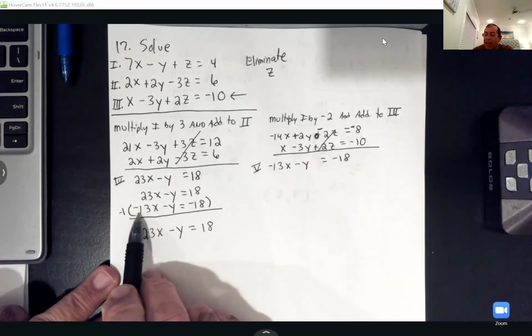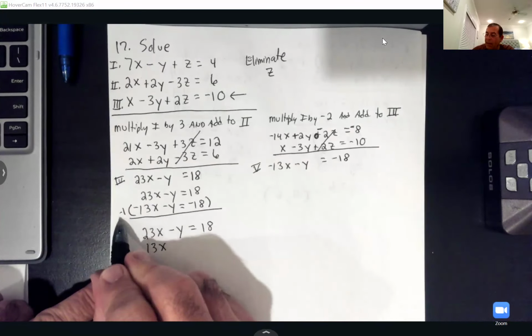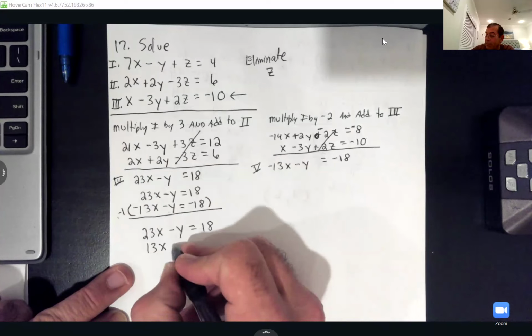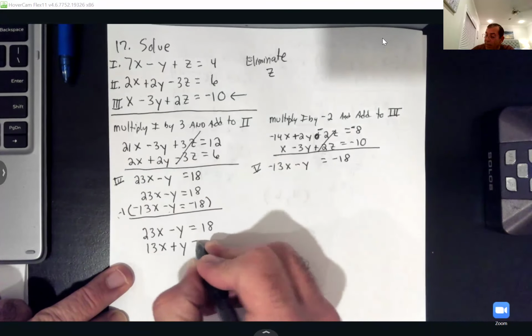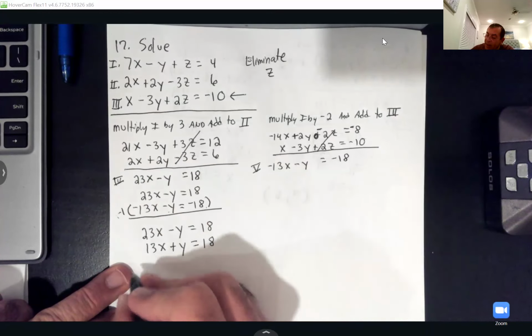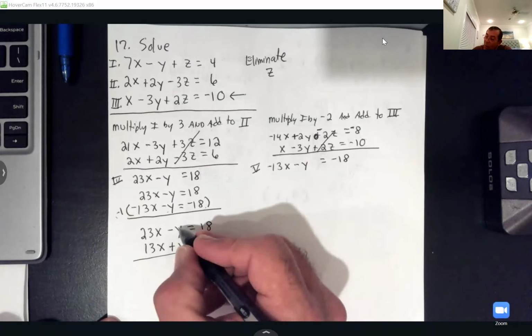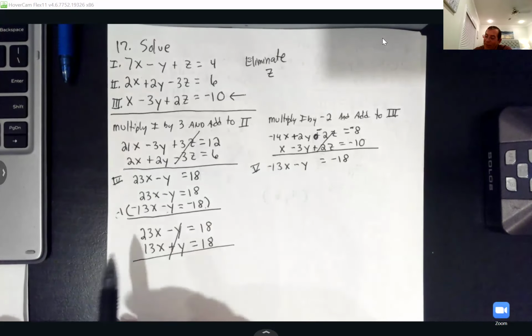This will make this negative times negative, positive 13x. Negative times negative, positive y. Negative times negative, positive 18.